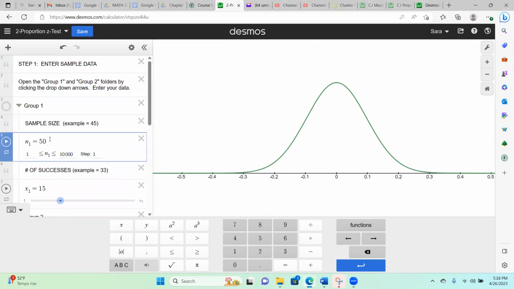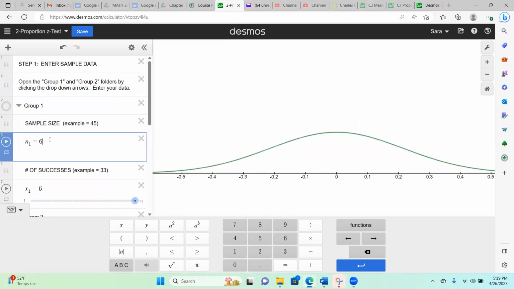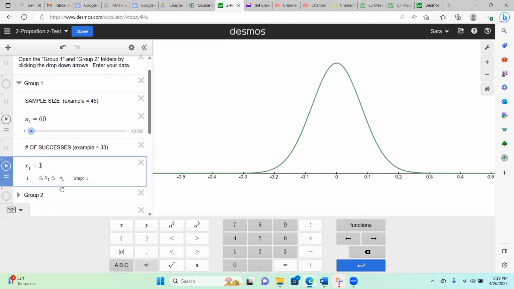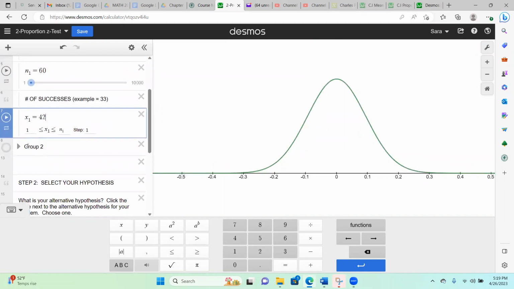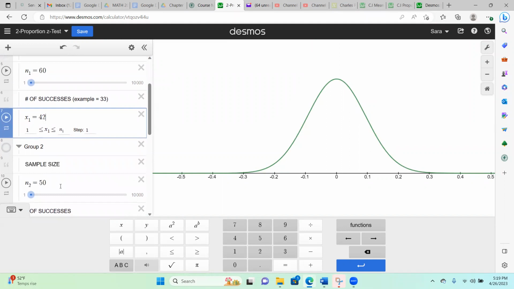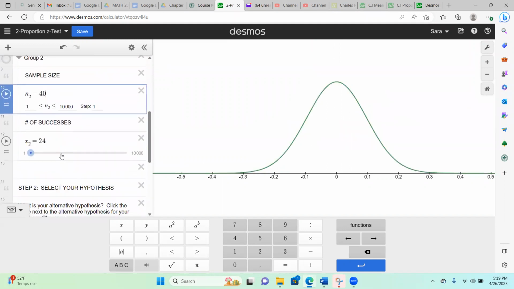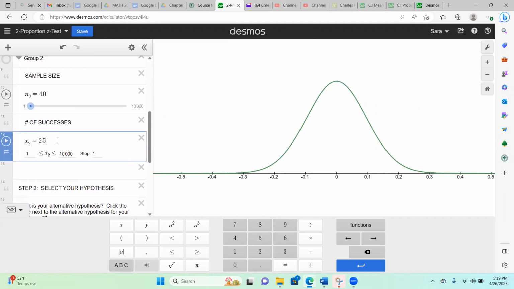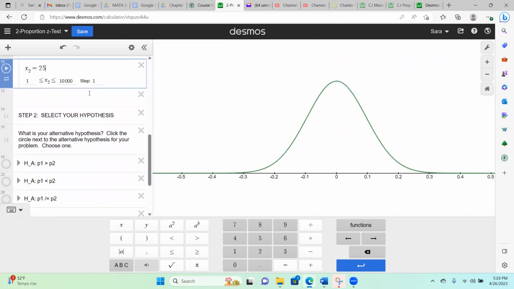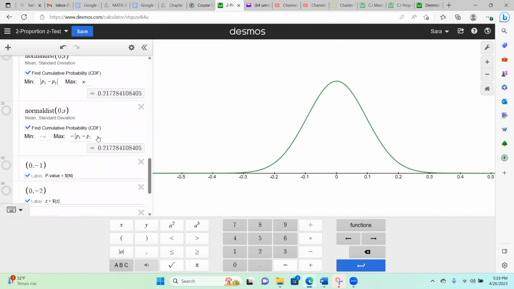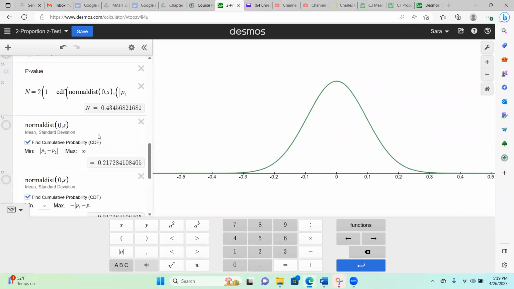So we have 60 and 42 of them. And then in our group 2, we had 40 and 25 of them. We're doing a not equal to, and our p-value is 0.4346, so it's pretty high.